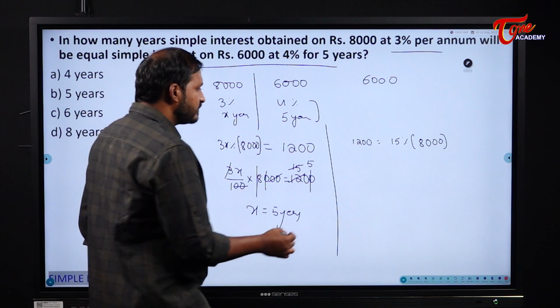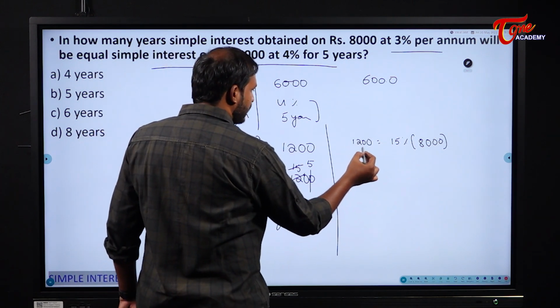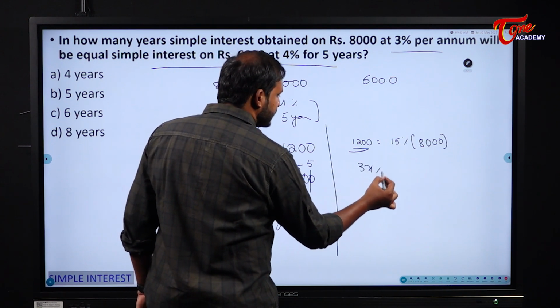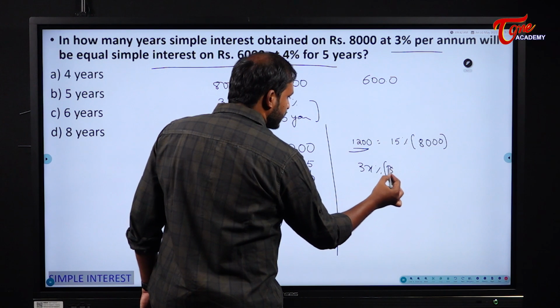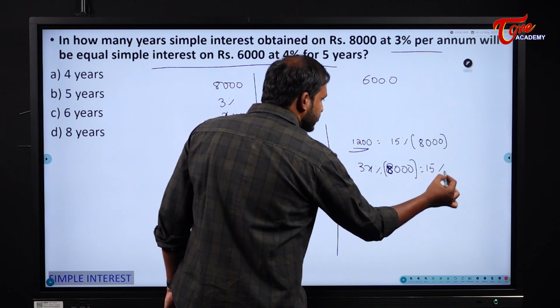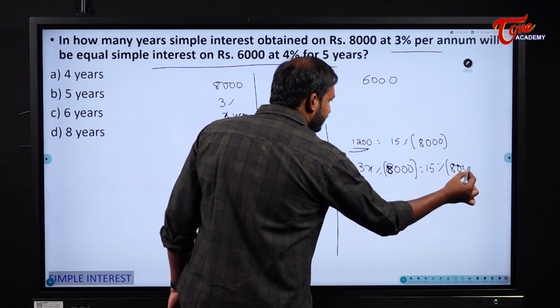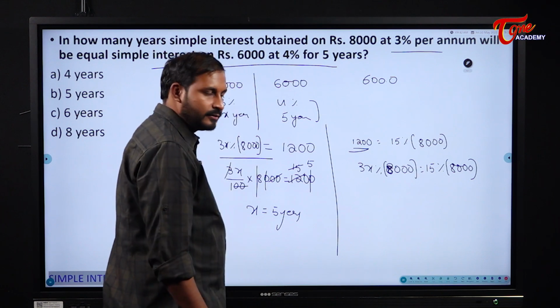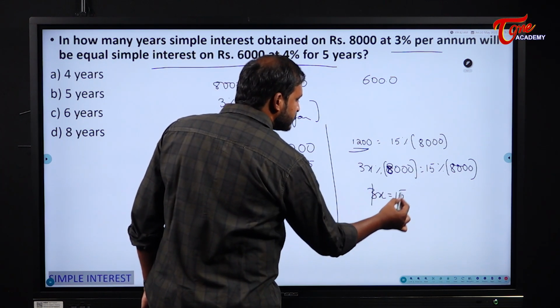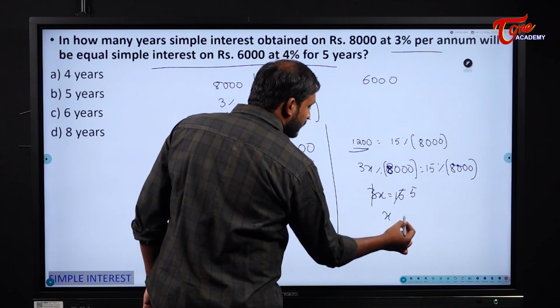So next, we already know this 1200 is equal to 3x percentage of 8,000. So 3x percentage of 8,000 is equal to 15% of 8,000. Now 3x is equal to 15, and 3 fives are 15, so x is equal to 5 years.